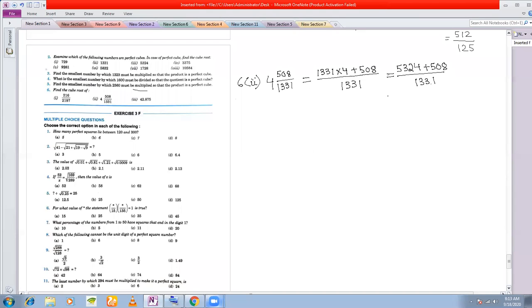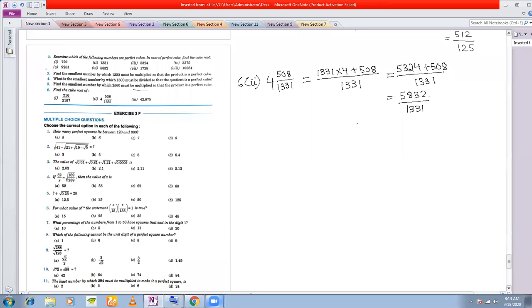So this comes to 5832 divided by 1331. Now the question here is, since you need to find out the cube root of this, you need to find out the cube root of 5832, and you need to find out the cube root of 1331.